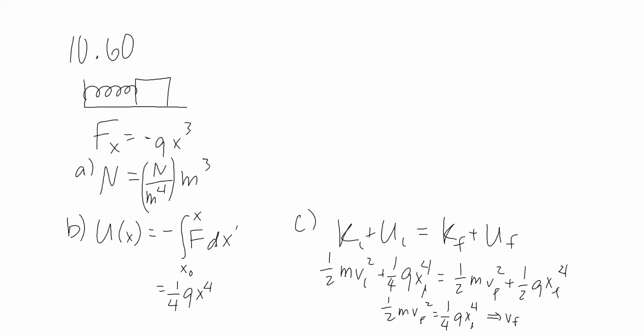The square root of x initial squared times the square root of 2q over m, if you solve it algebraically. If I did that algebra right, I like to think that I did.